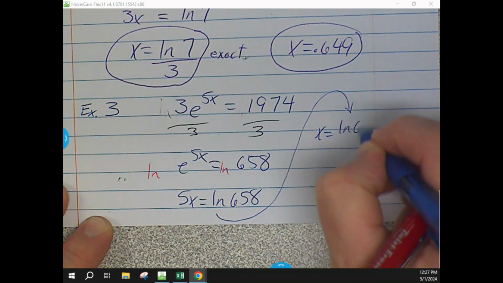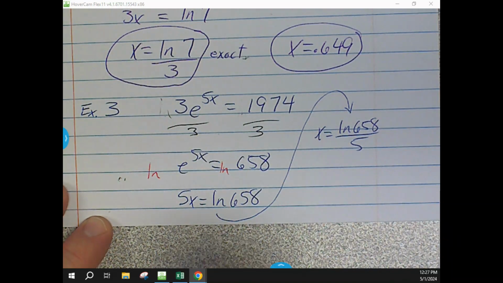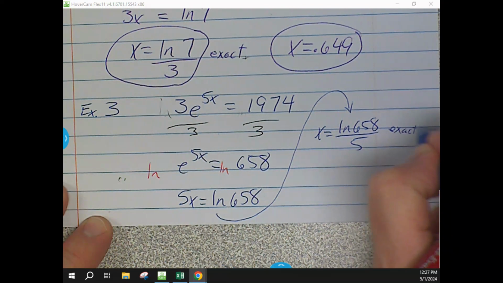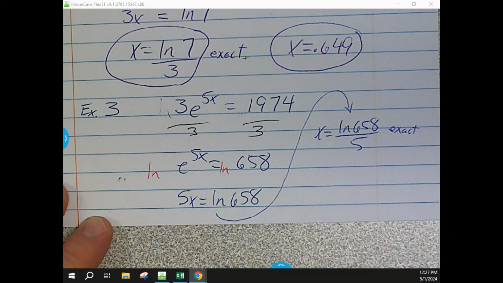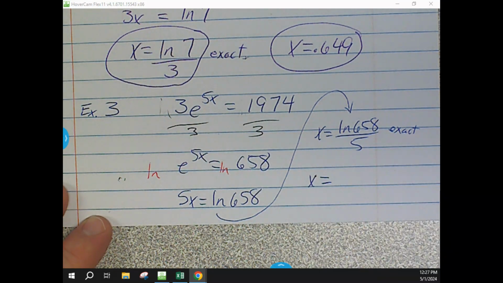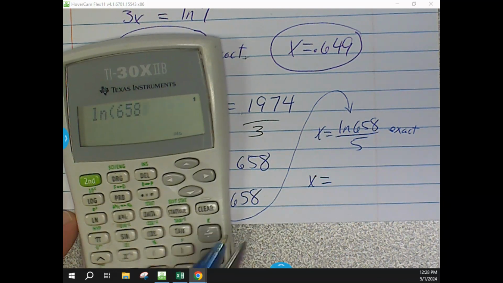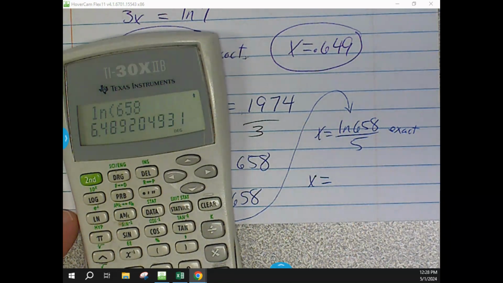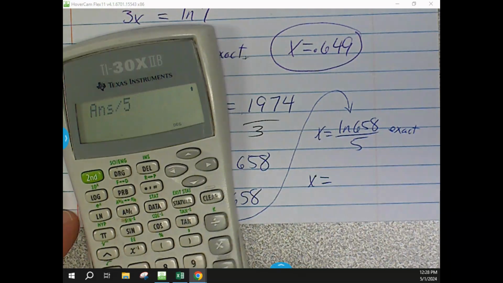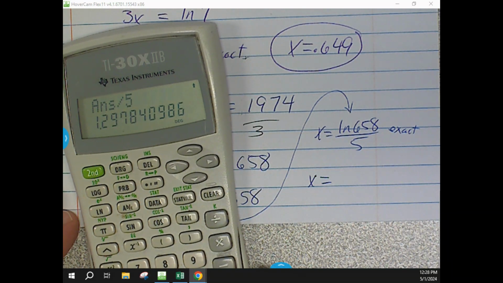That's ln of 658 over 5. Then it's a calculator question after that. If you're not sure on these, just hit enter on the ln of 658 to get that top number, and then divide it by 5. So we got the final answer, 1.298. Looks like we go 3 decimal places.